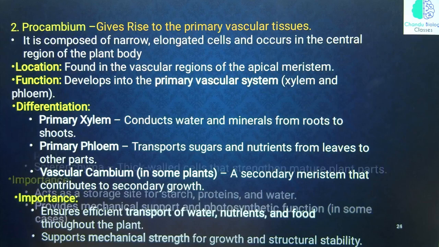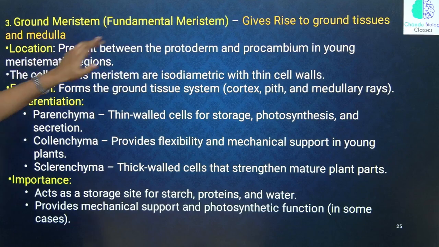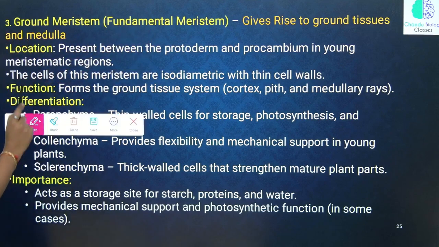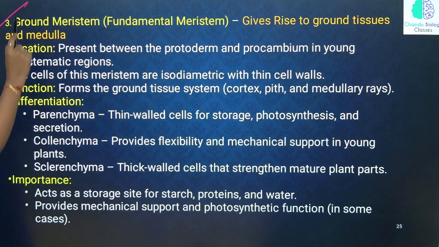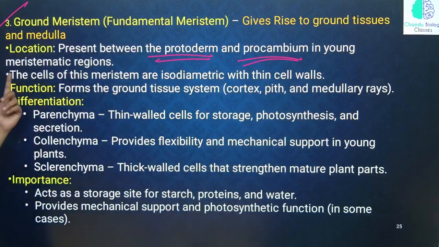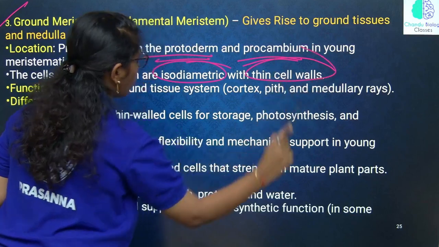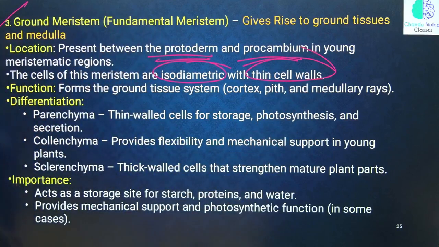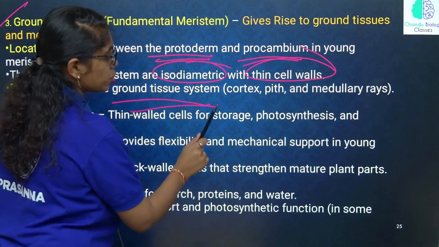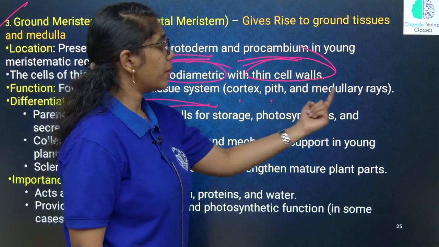Okay. Next, ground meristem. Ground meristem will give rise to ground tissues and medulla, and it is present between protoderm and procambium. The cells of this meristem are again isodiametric and thin walled. Their function is to form the ground tissue system. The ground tissue system includes cortex, pith, medullary rays.